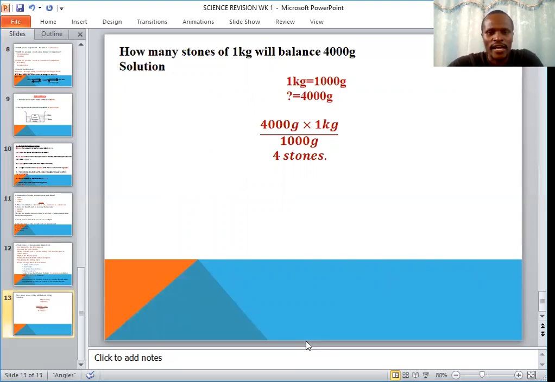And therefore, you find how many kilograms will be equivalent to 4,000 grams. If you do the work the way it is done there, you will agree with me that you are going to have 4 kgs. So if 1 stone was 1 kg, then how many stones do you need to give you 4 kgs? You need 4 stones. So the answer was 4 stones, and there was no other answer.